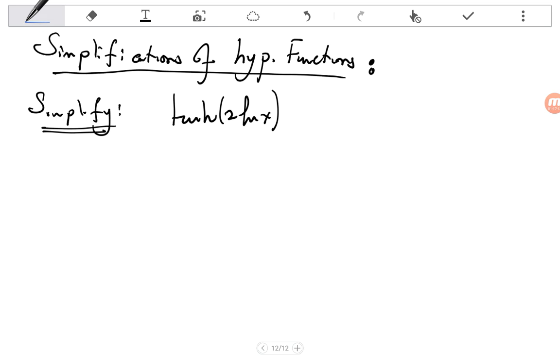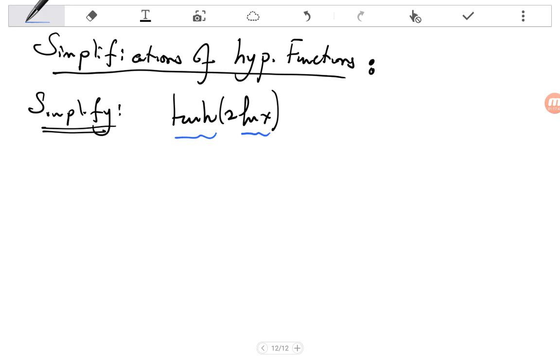Now let's learn some simplifications of hyperbolic functions. One rule: whenever you find a ln function inside a hyperbolic function, you know that there will be a simplification. Why?